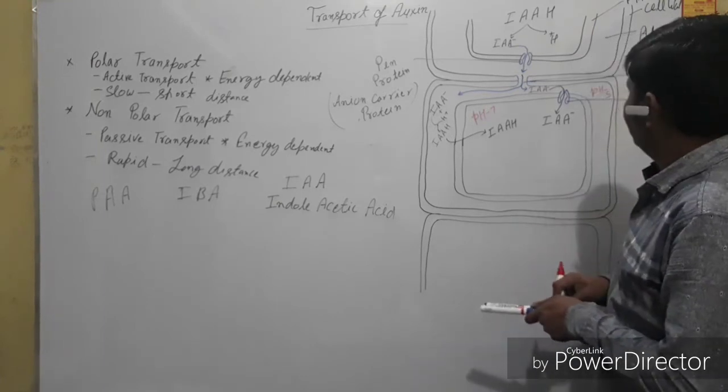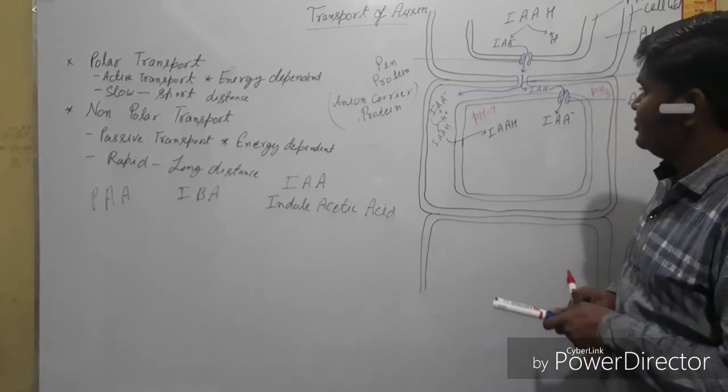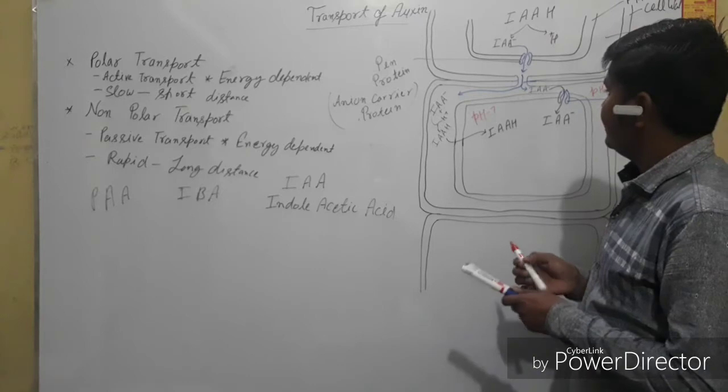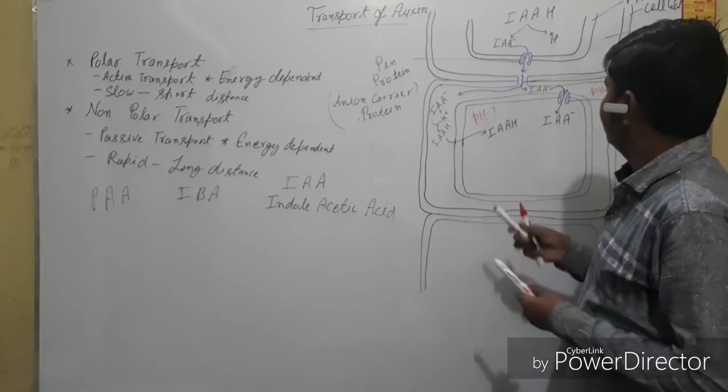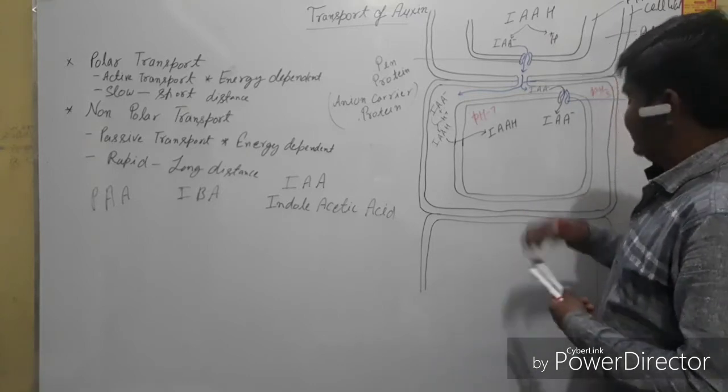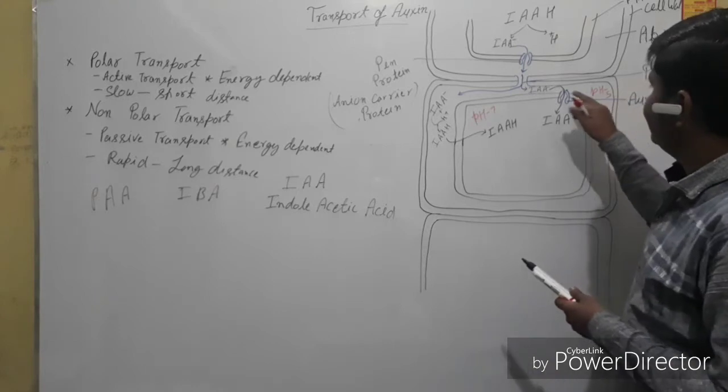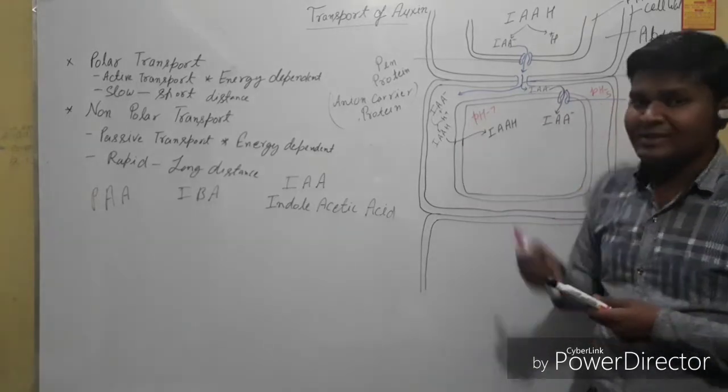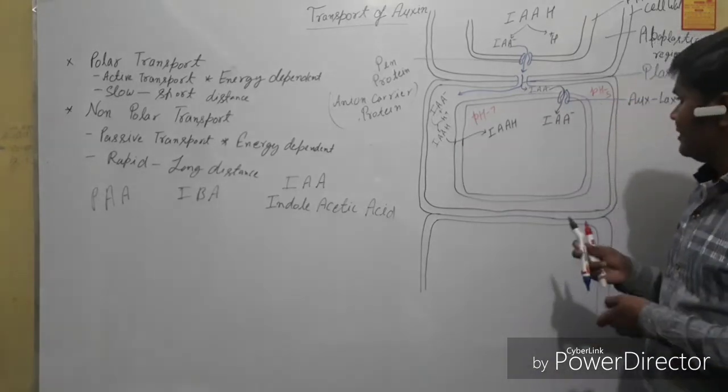That is why most of the IAA is bound with the hydrogen ion, because the hydrogen ion concentration at the apoplastic region is high.